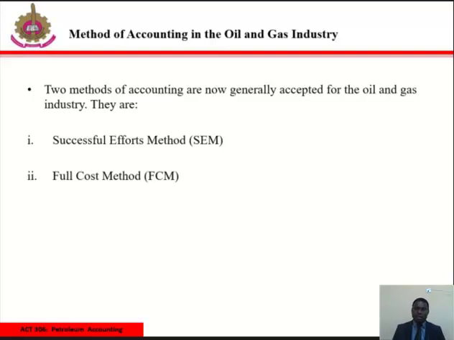On the other hand, the full cost method is a method in which all acquisition, exploration and development costs are capitalized, whether they led to the discovery of oil reserves or not. Proponents of the full cost method are of the view that finding commercially producible hydrocarbon is an overall objective that should not be evaluated on a well by well basis.